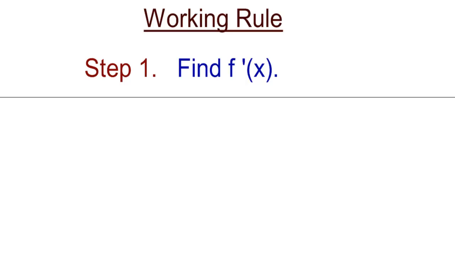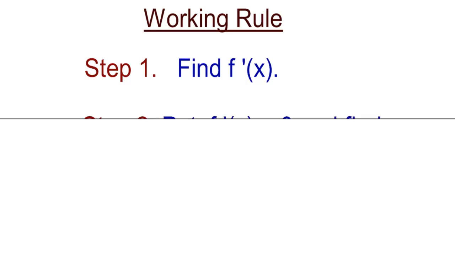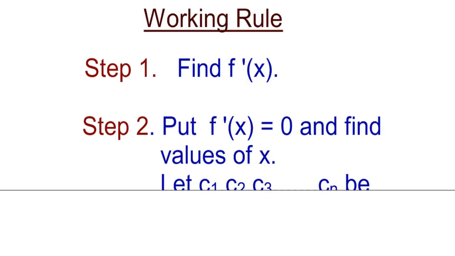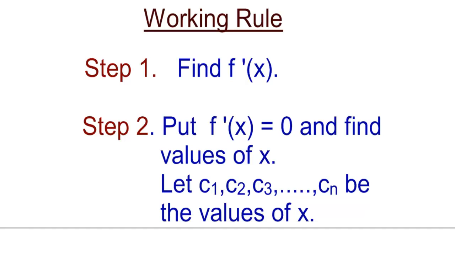Now, let us understand the working rule to find the absolute maximum and absolute minimum values. Step 1 is to find f dash x, that is, find the first derivative of the function. Step 2, put f dash x equal to 0 and find values of x and call them C1, C2, C3, etc., Cn.